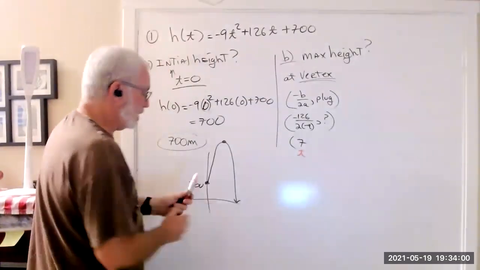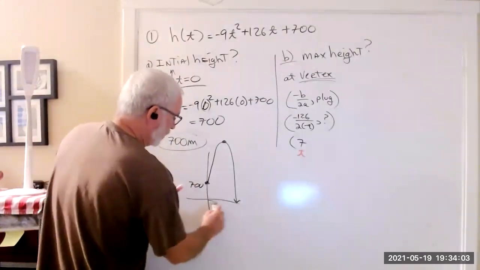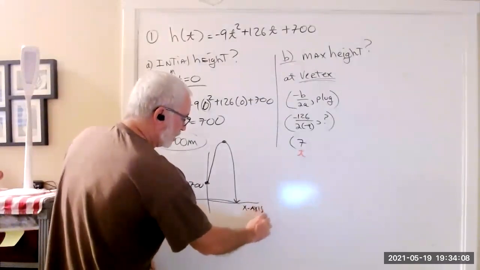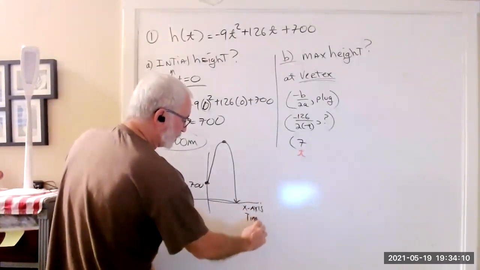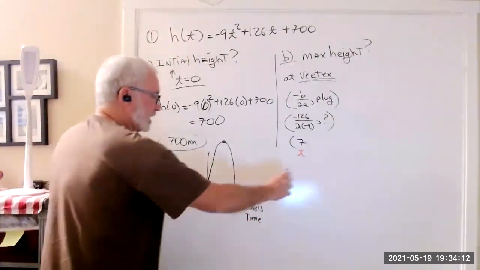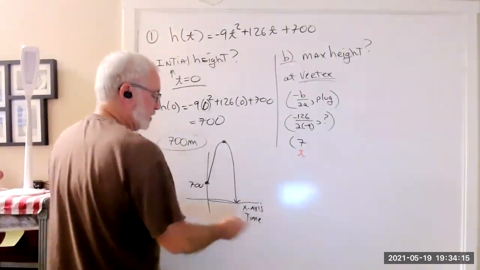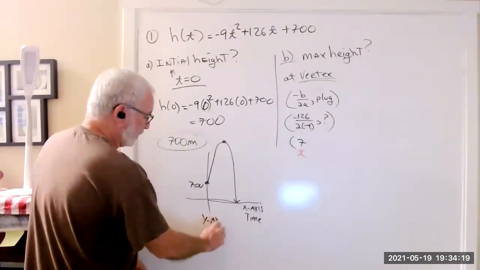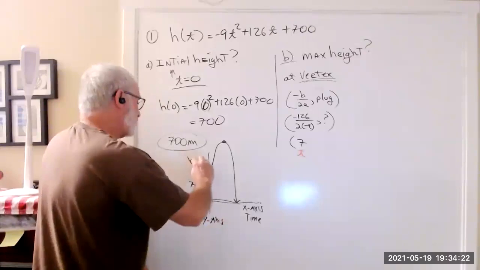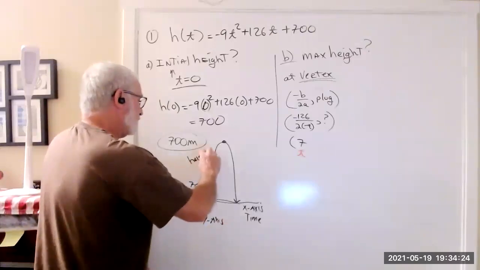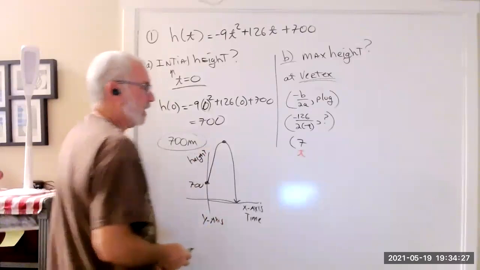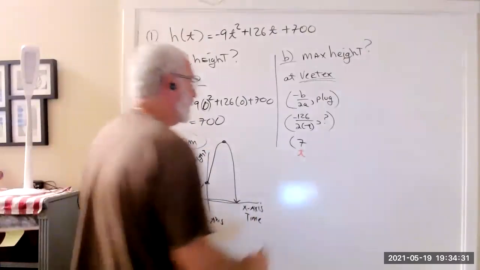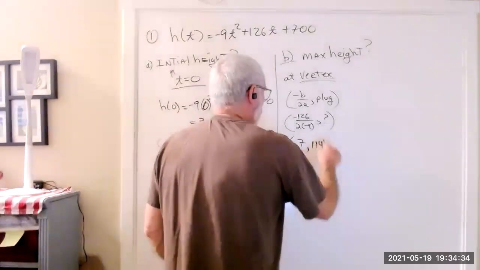Okay. Keep in mind on this picture, what used to be our x-axis is now our time axis, and what used to be the y-axis is now the height axis. Okay, so if we plug it in, and if I didn't screw up, and if Anne caught me, I got 1141.